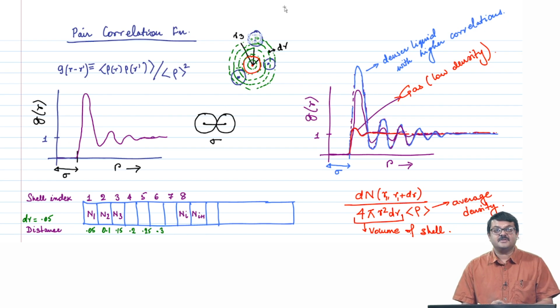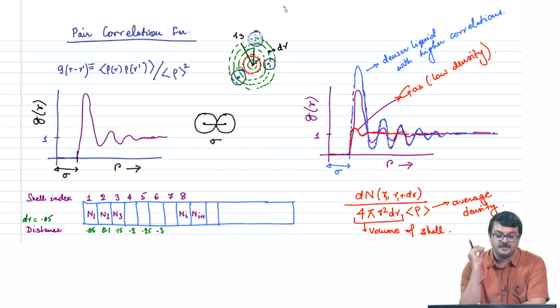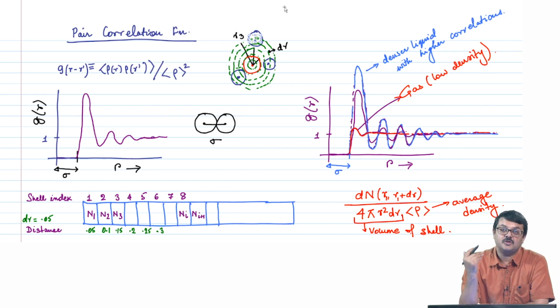Now, typically you would see that it will be extremely noisy, and you have to average over many microstates, because what you are calculating is a statistical quantity. How many particles are on an average at a distance r, that is what you are trying to calculate.